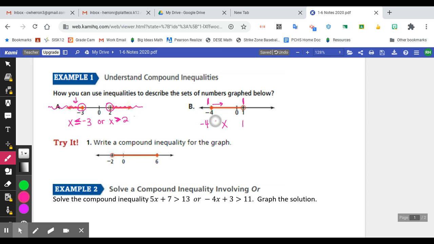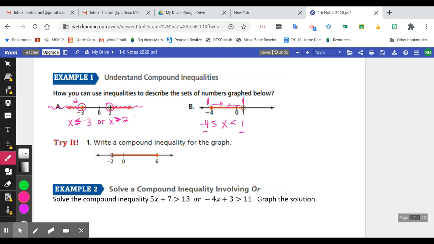So x needs to be greater than or equal to -4. But compared to 1, it has to be this way, which is less than 1. So we put the x in between. We put the boundary numbers out here on the sides. And then our symbols go whichever way they are compared to x.